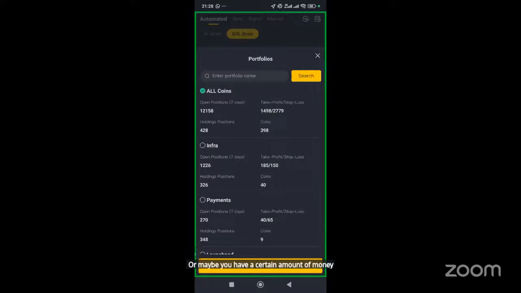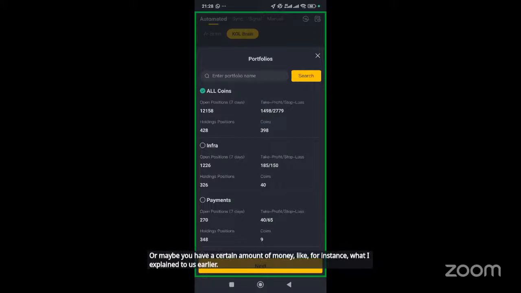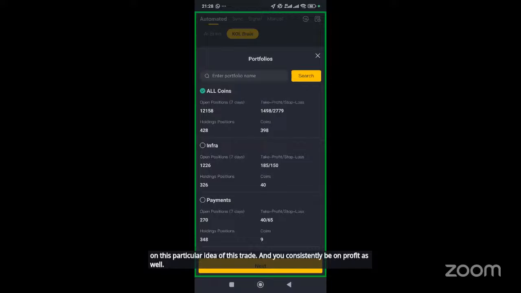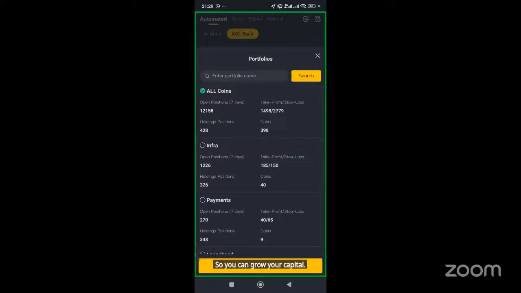Like what I explained to us earlier, for those of us who could not trade the Co-Brain, we have already engineered a systematic way where you can also participate in this trade, and consistently be on profit as well. So you can grow your capital to anywhere you want.